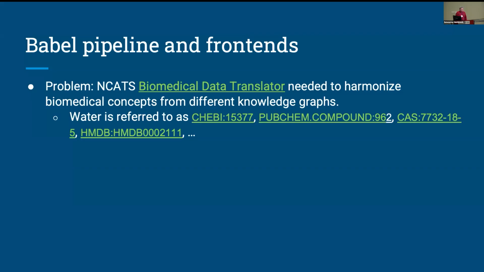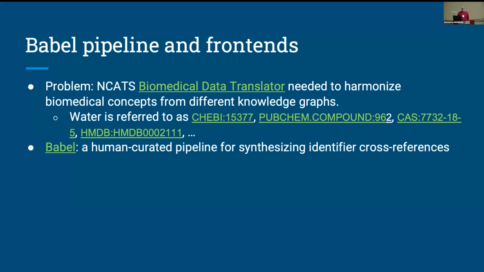From a third source, a CAS identifier, and so on. And we wanted to set up one place where you could take one of these identifiers and say, what is this really? And we would give you back a normalized identifier, which all of the different Translator components could use. And then we would all be talking the same language and we could exchange data back and forth.